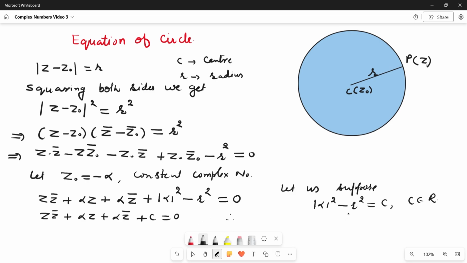Therefore, radius will be, from here we get, under root modulus alpha square minus c. So this is the radius of the circle.